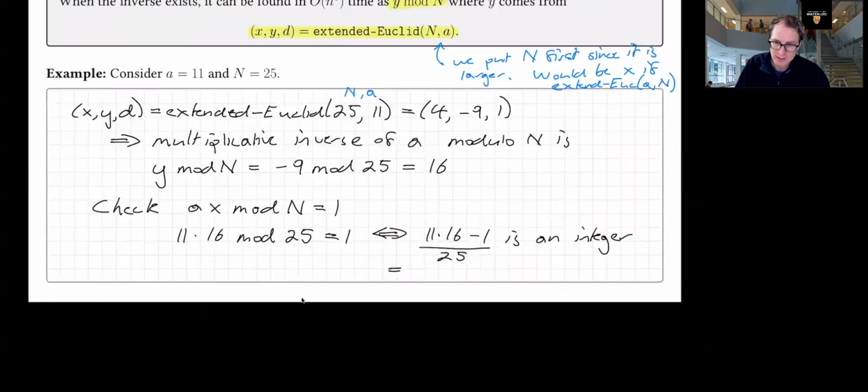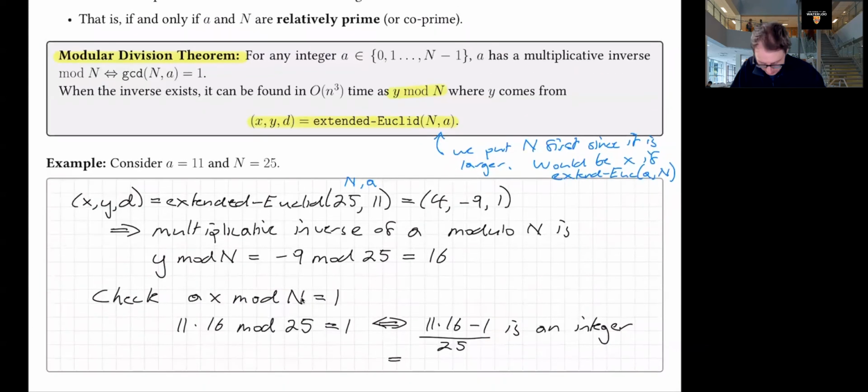But 11 times 16 minus 1 is exactly 175, divided by 25, which equals 7. So that is indeed an integer. So 11 times 16 is 176. 176 mod 25 gives you 1. It goes in 7 times with a remainder of 1.